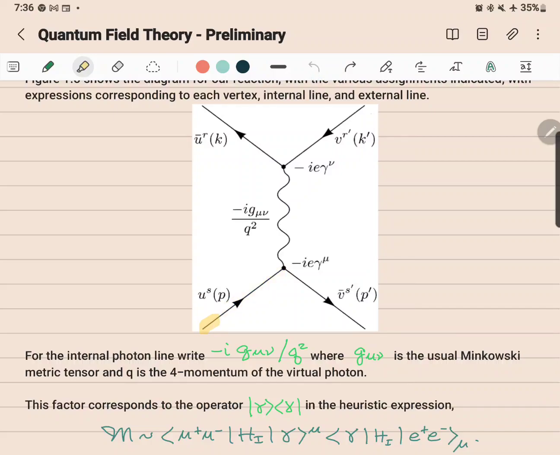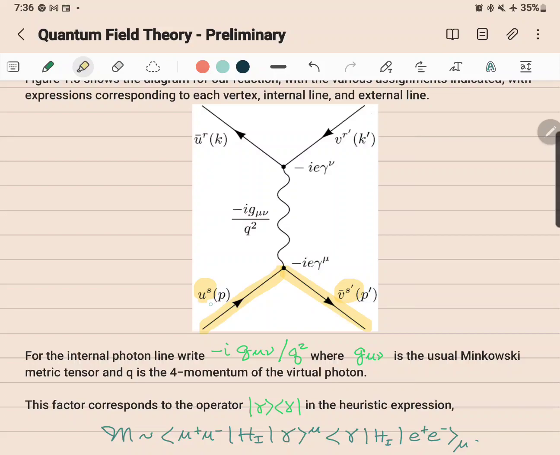Here is your incoming particle with spin s and momentum p, and an incoming antiparticle with spin s prime and momentum p prime.